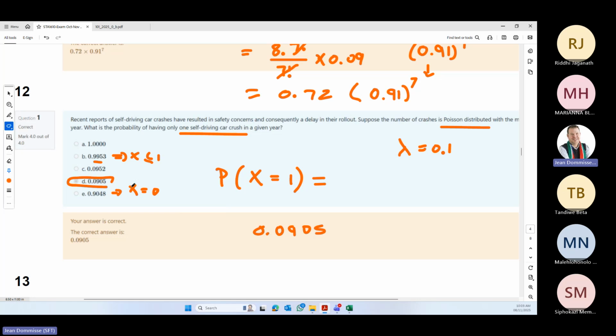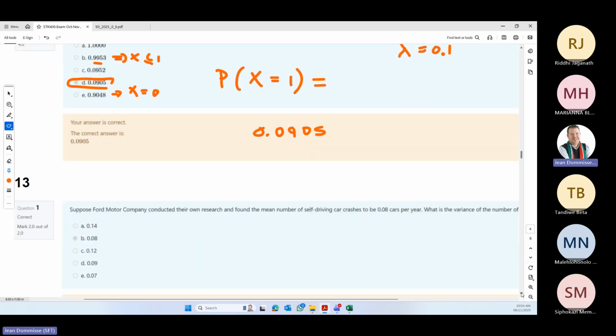So just be careful that you don't look at the number, you first see the 0.9048 and you think that's the first number because they tell us 1. So just be very careful with this one.